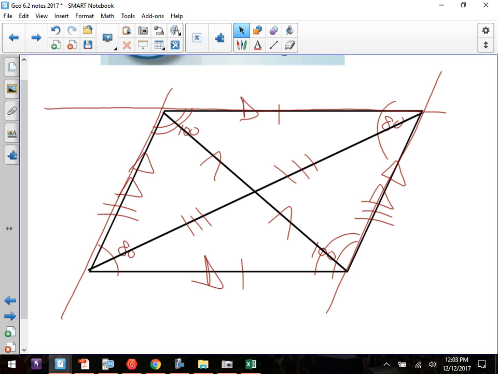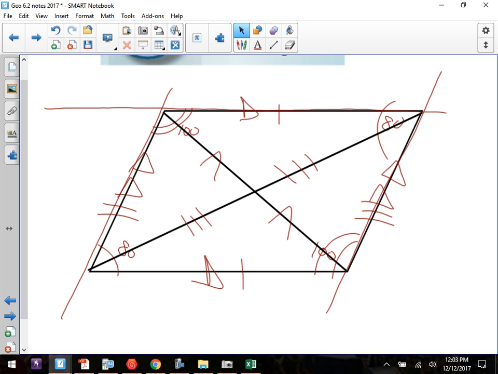What kind of shape would that be? If your consecutive angles are congruent to each other, remember, they both have to equal 180. If they're congruent to each other, what will those angles be? 90. Which means, at the very least, you would have to have a rectangle.